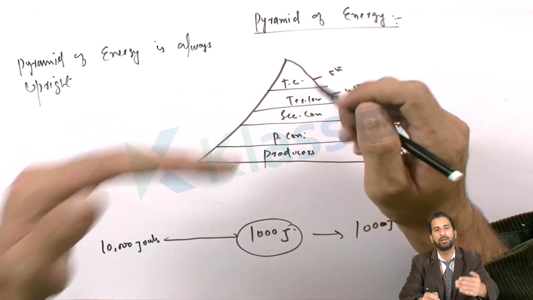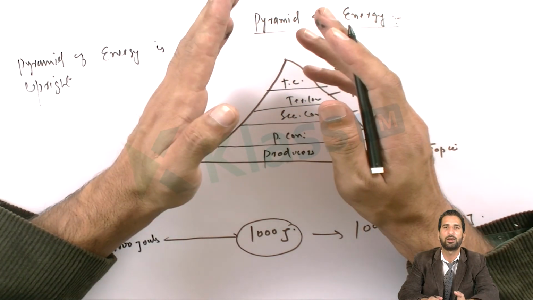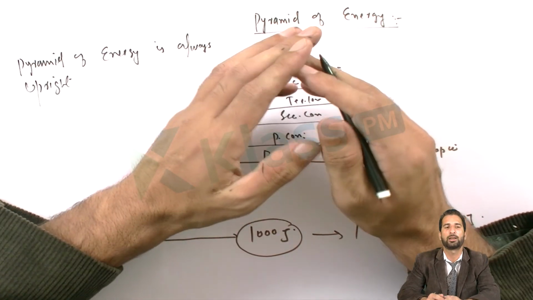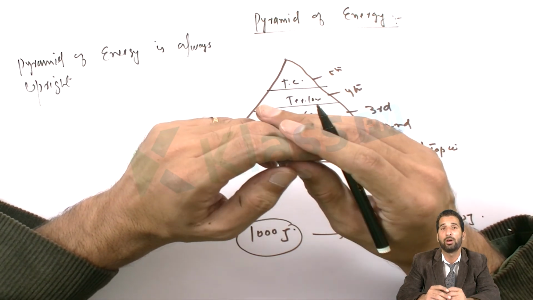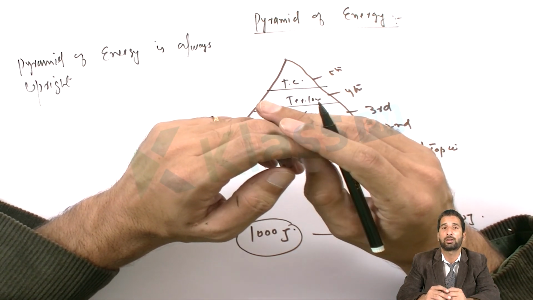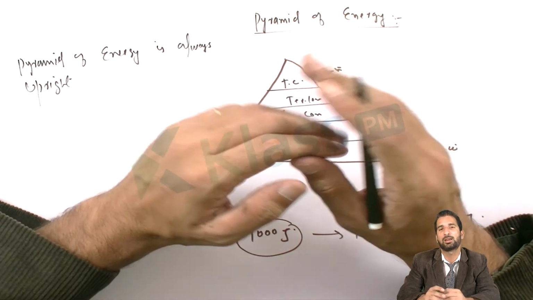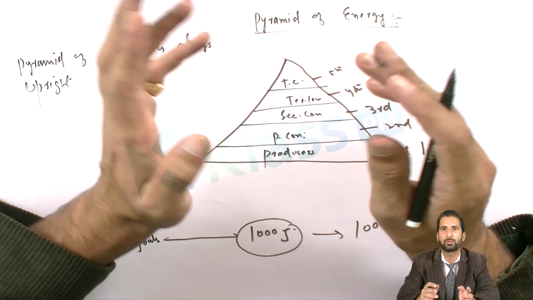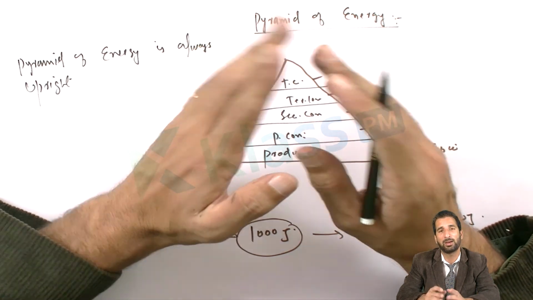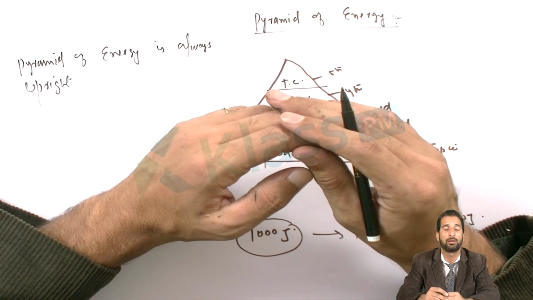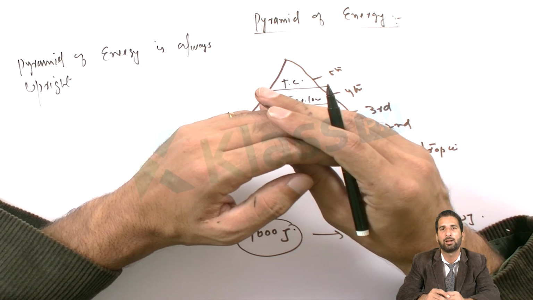So literally there is a transfer of energy from one trophic level to the other trophic level, as I have explained in the previous videos: how the transfer occurs and how much energy is actually transferred. It is based on Lindeman's 10% law.